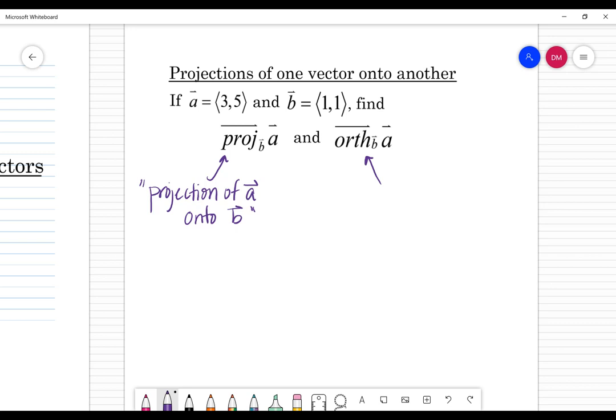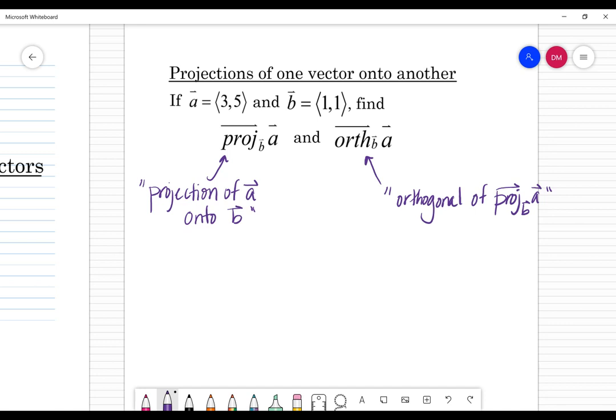So this right here would mean the orthogonal of the projection of A onto B. So once we find the projection of A onto B, we are also sometimes asked to look for the orthogonal of that projection. So we are looking for a vector that makes a right angle with our projection.